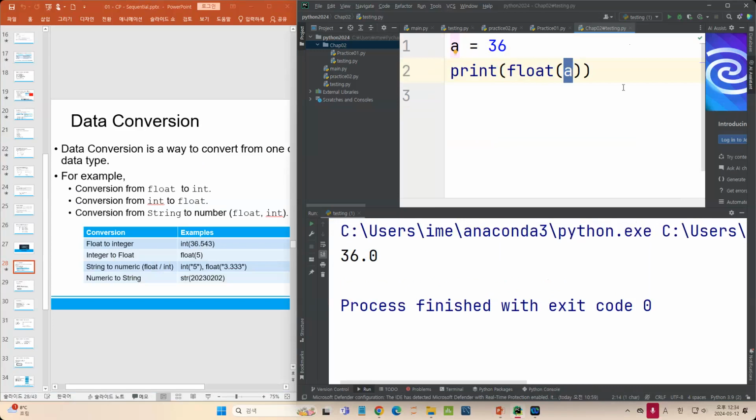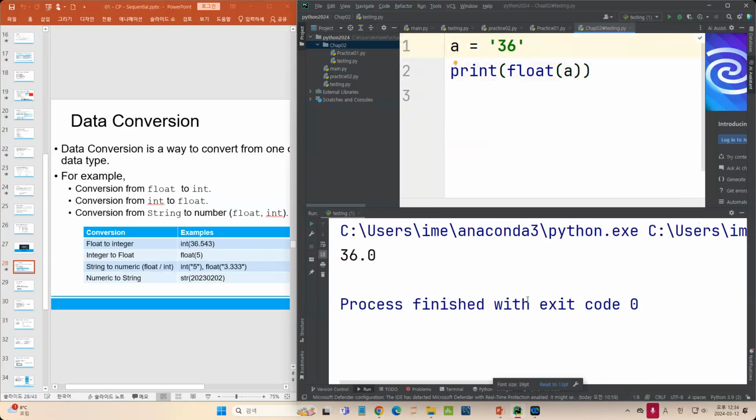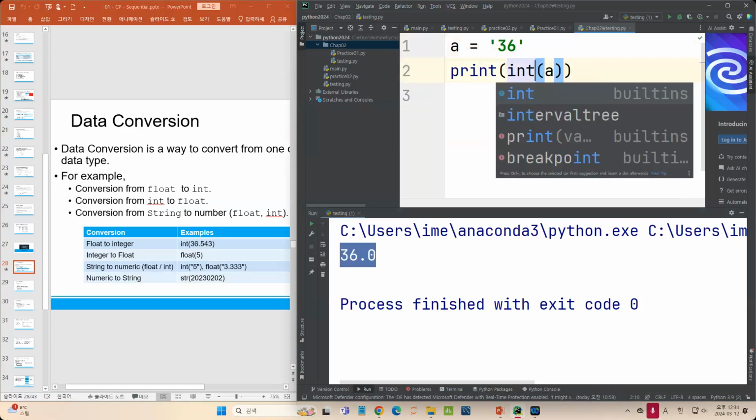And we can also convert from string. You know, string is anything with quotes. Let's say I have "36". If I run this, it is a float because I want to change this string into float. If I want to change this string into integer, is it possible?